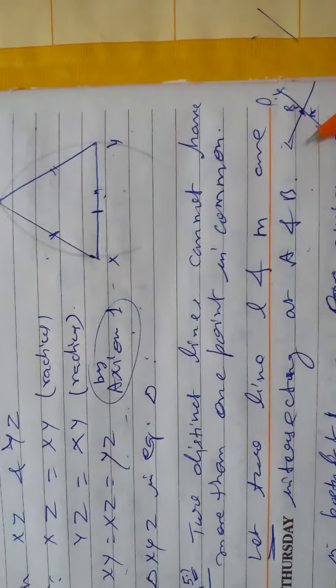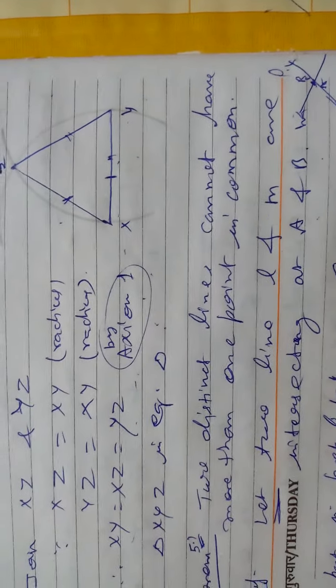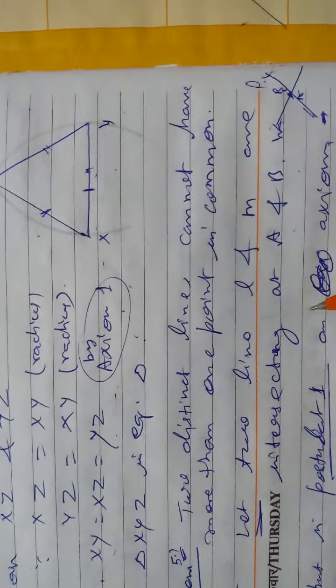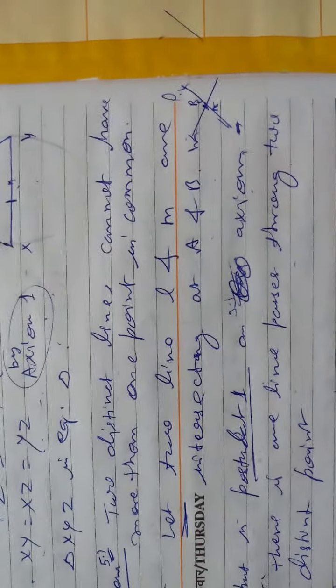If L and M I am taking. But in the axiom 5.1, there is a statement that one line passes through two distinct points.